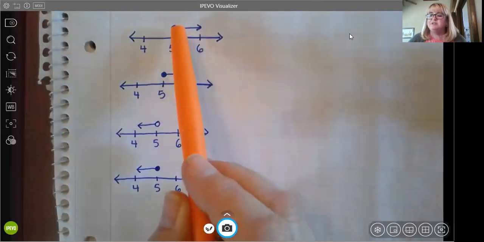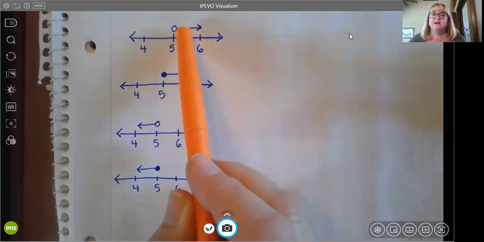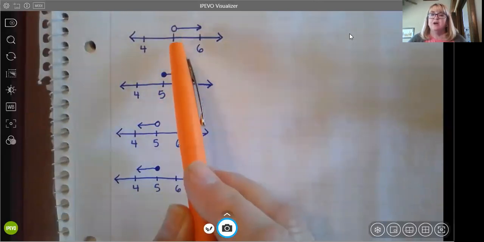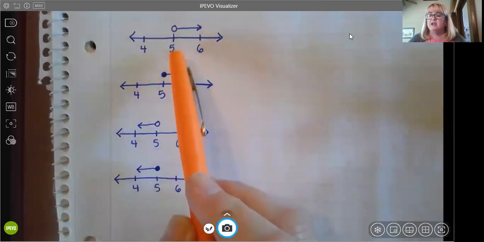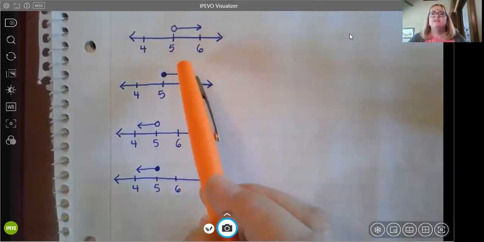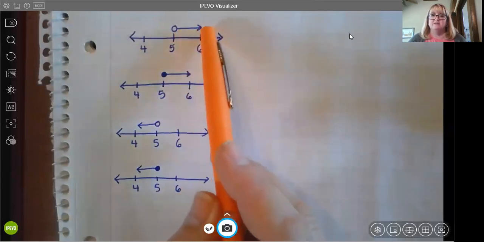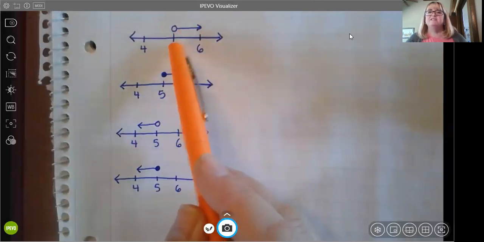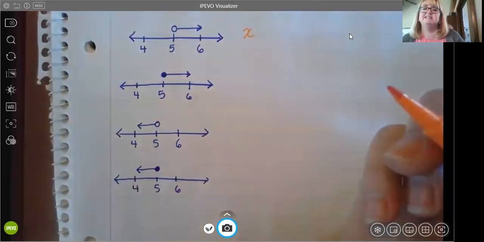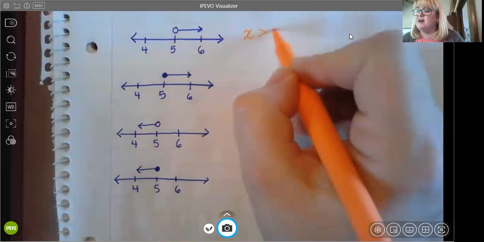Now, there is a difference between an open circle, which is this top one, and a closed one. An open circle says, do not include the 5. A closed circle says, include the 5. So this is greater than, because it does not include the 5. This shows that if our number is x, x is greater than 5.